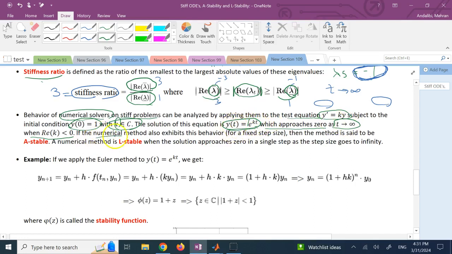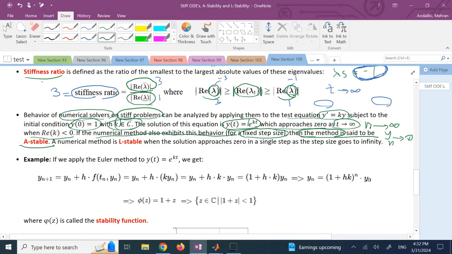So if your numerical solution shows the same behavior for a fixed step size, not a variable one, and as the number of iterations goes to infinity you see that y of n goes to 0, that means your method is A stable. And remember, A stable is defined for the method, not for the ODE. The ODE is stiff. The numerical solver will be called A stable.